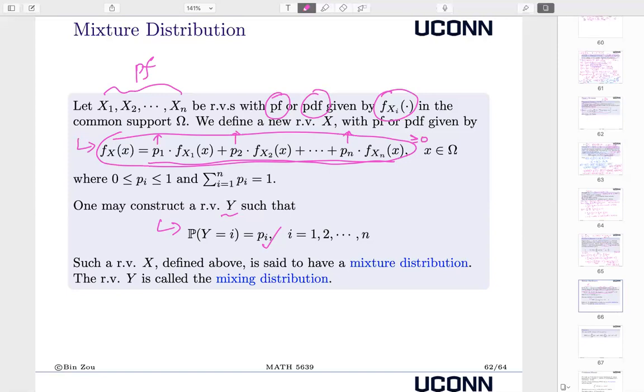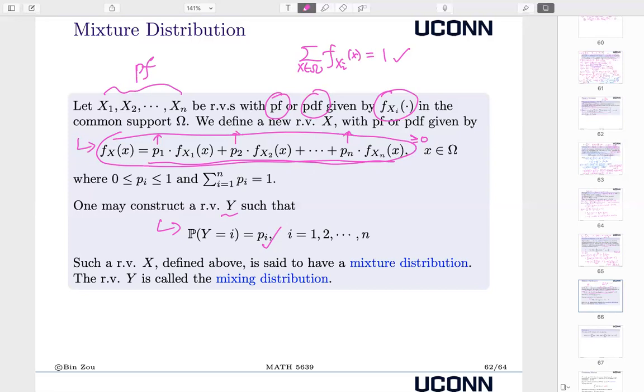So it's easy to check. Now I know summing up over the entire sample space, f_xi(x) is 1, right? That is because each xi is a random variable, and by definition, if we have a random variable, the summation of its probability function is 1.